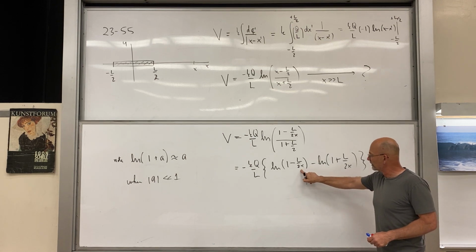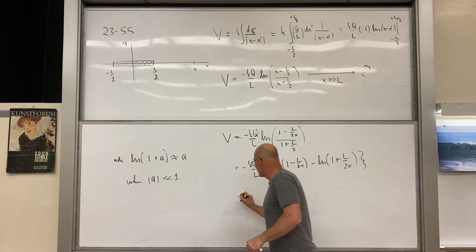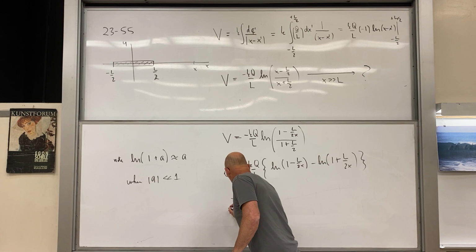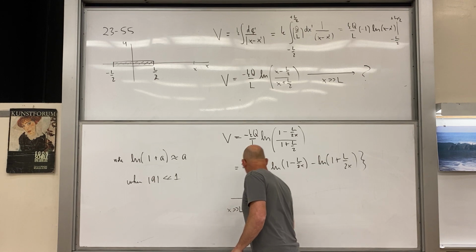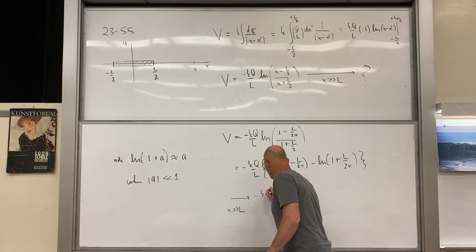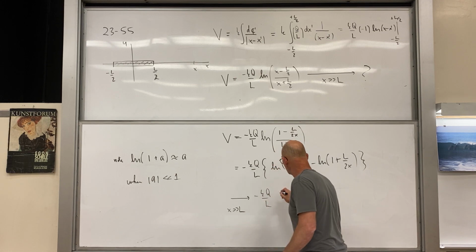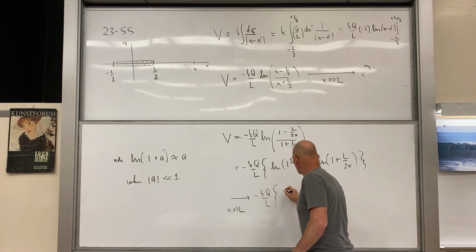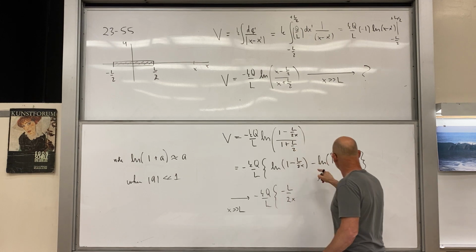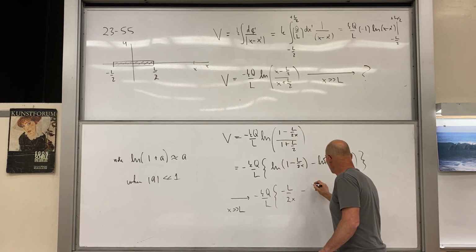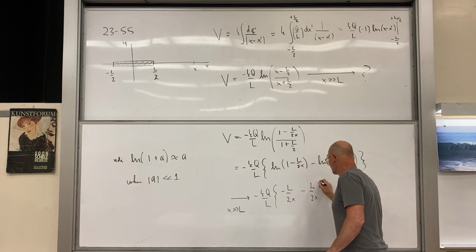So here we go. When we do that, for x much greater than L, this goes to minus KQ over L times negative L over 2x minus L over 2x.